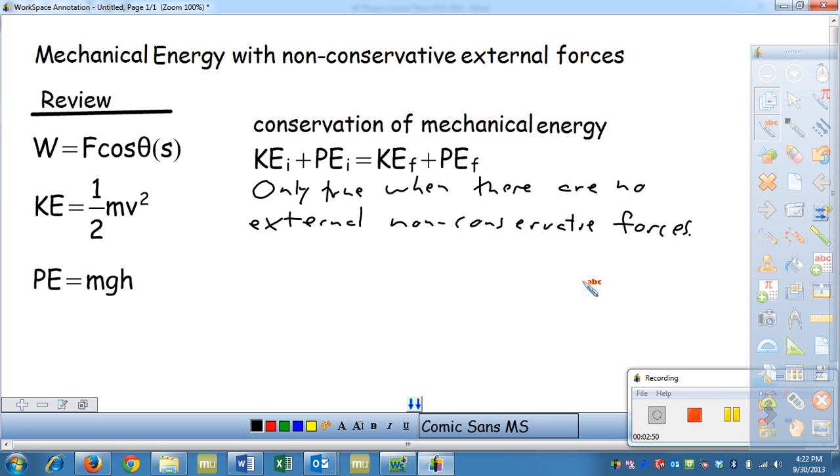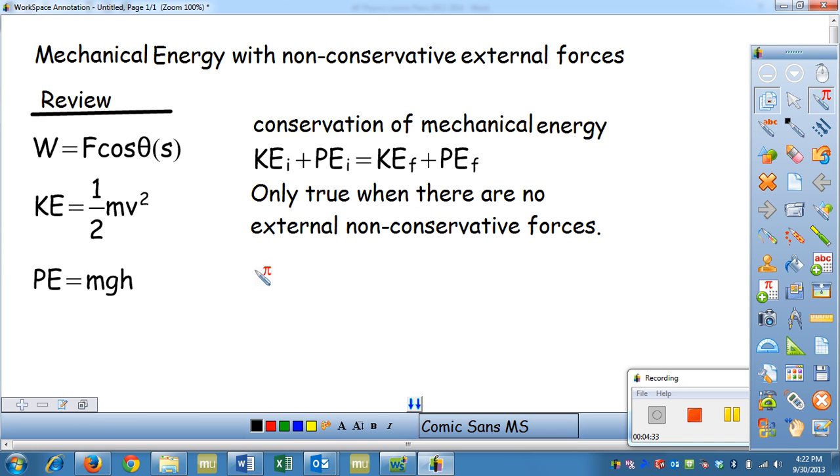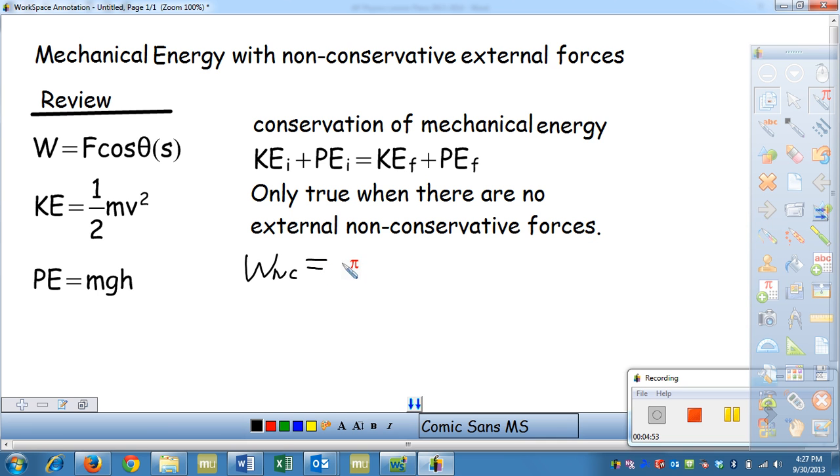So now, our new version for when we have external non-conservative forces looks like this. Okay, let me get our formula thing. We say the work done by non-conservative forces is equal to basically the change in mechanical energy.